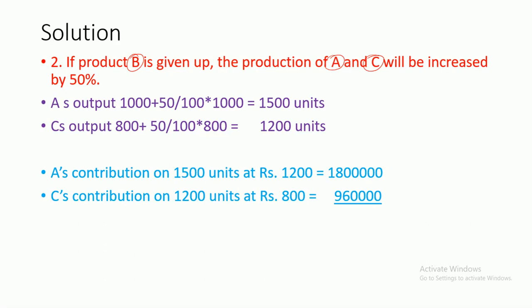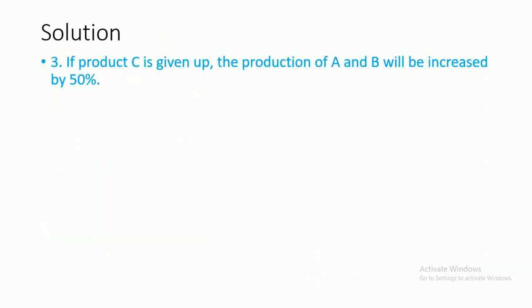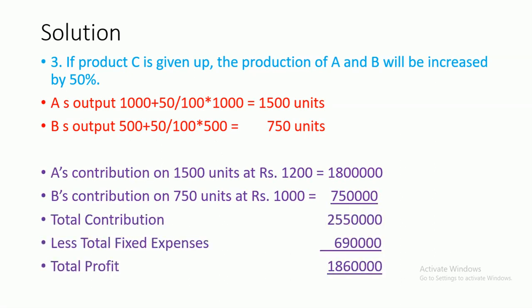C's contribution 1,200 units into 800 rupees, 9,60,000. Total contribution, fixed expenses same, 6,90,000. So when you drop product B, profit will be 20,70,000 rupees. And the third situation is if product C is given up, product A and B will be increased by 50%. So similar calculation, and ultimately you will get a total profit of 18,60,000.